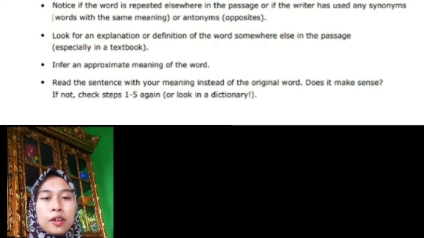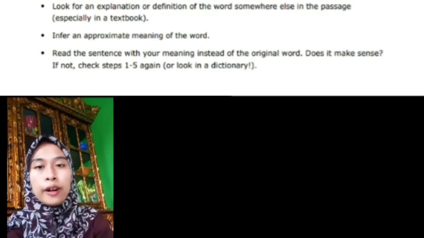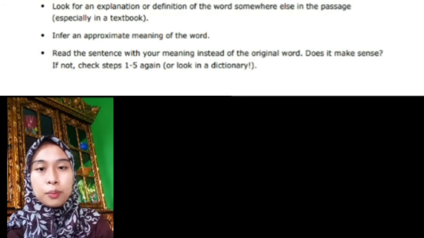Four, notice if the word is repeated elsewhere in the passage or if the writer has used synonyms, words with the same meaning, or antonyms, opposites. So we must also pay attention to whether the word is repeated or not. Five, look for an explanation or definition of the word somewhere else in the passage, or especially in a textbook.